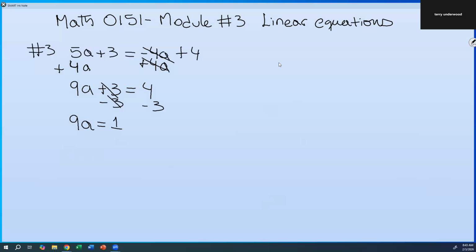And finally, to solve for a, because this a is being multiplied by 9, I will divide both sides by 9, and this 9 in the numerator and denominator will cancel. And my final answer is that a is equal to 1/9.